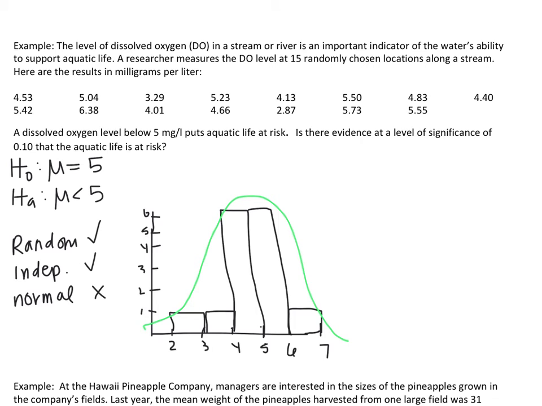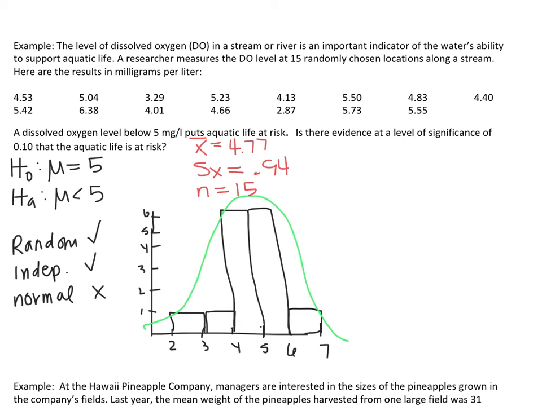So what we're going to do is go into our calculator and go into our list, and under list 1, we're going to type in all of our values. After we're done with that, we're going to hit stat again, go over to calculate, and then one variable stats. That's going to give us our x bar, our sample mean of 4.77, and our sample standard deviation of 0.94. And n is still 15.